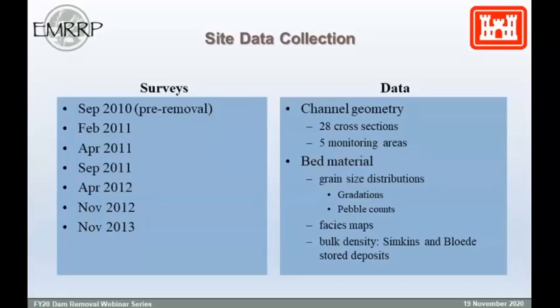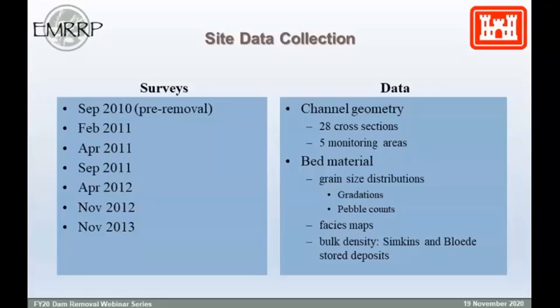There were a total of 28 cross-sections defined along the study reach, and 5 monitoring areas. The survey also included material information: grain size distribution, gradations from pebble counts, and bulk density in both Simkins and Bloede stored deposits.